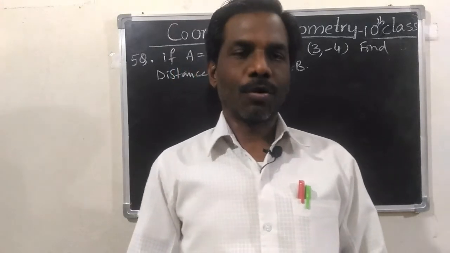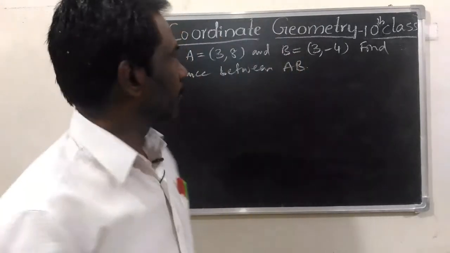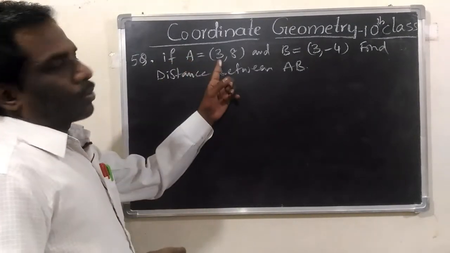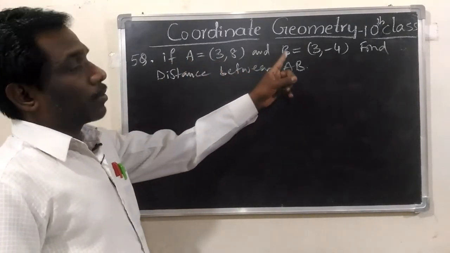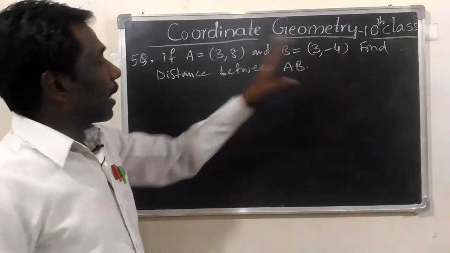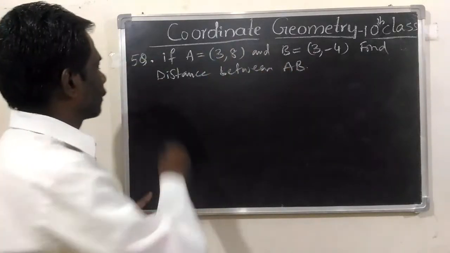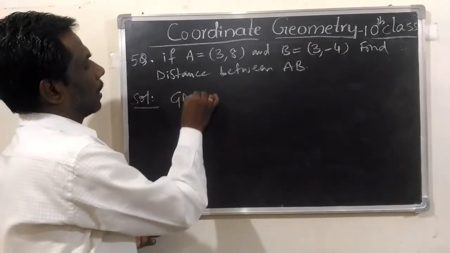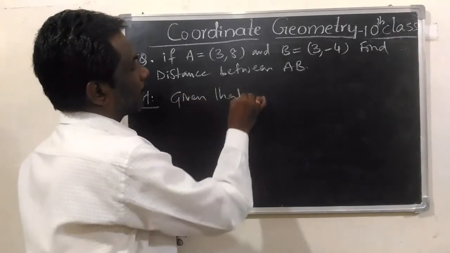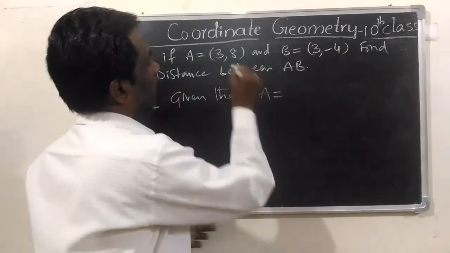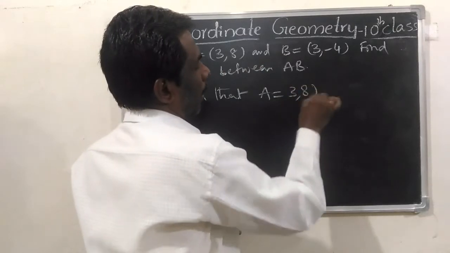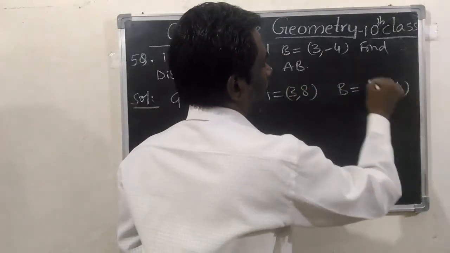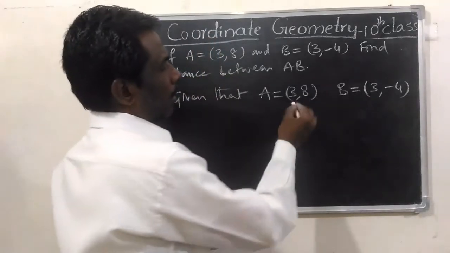Now we have one more question. That is the fifth question. If A equals (3, 8) and B equals (3, -4), find the distance between AB. Let us solve it. Given that A is (3, 8) and B is (3, -4).